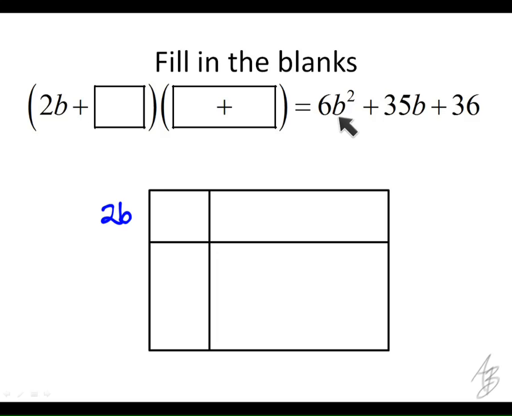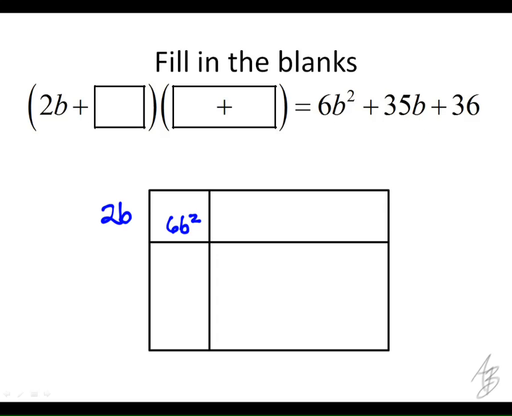Then I can fill in areas with these terms. Where's that 6B squared going to go? That goes in the top left box, so the 6B squared is going to go here. Where is the 35B going to go? Combine those.